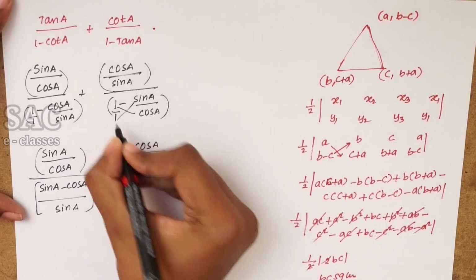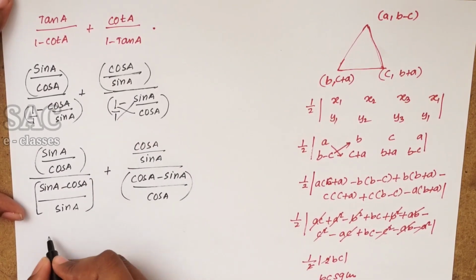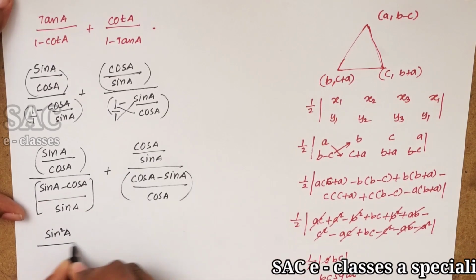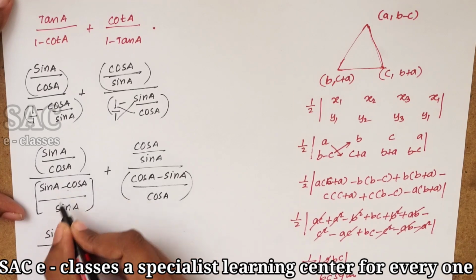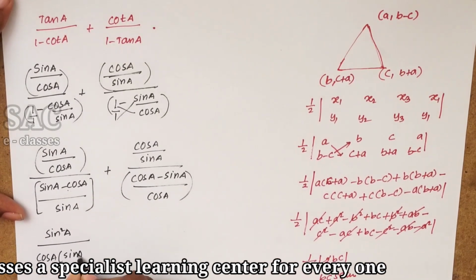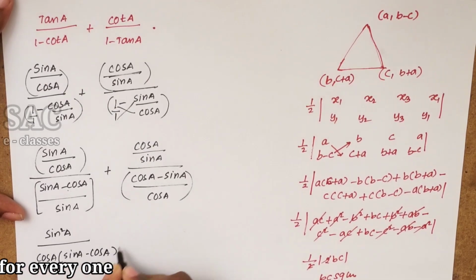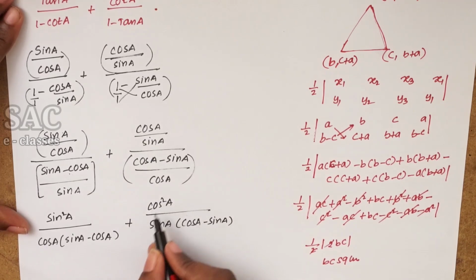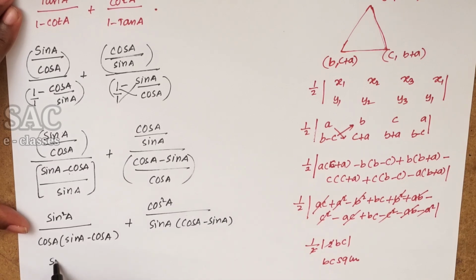Now let us simplify by LCM. Now clearly use the reciprocal. Sine into sine, sine square A by, now multiply this denominator and this numerator, cos A into sine A minus cos A. Sine square A by cos A into sine A minus cos A plus cos square into sine A into cos A minus sine A. Now let us take out sine square A minus cos square A common.